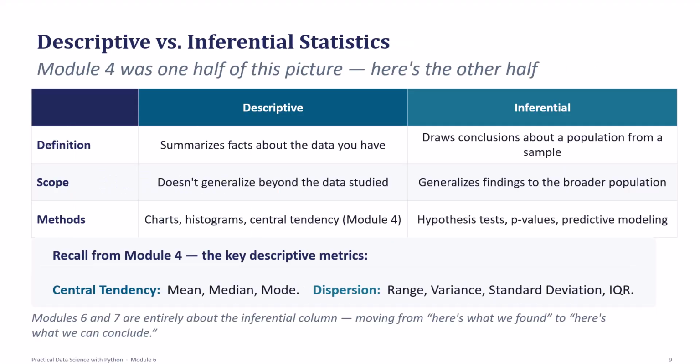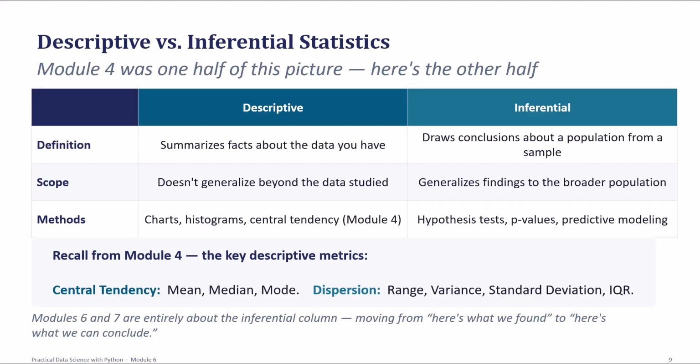Okay, all right. Now, when dealing with inferential statistics, we are looking at the difference between inferential and descriptive. We have done descriptive with mode 4 as a half part. So we are looking at the inferential at this point. Briefly, descriptive summarizes facts about the data you have, while inferential draws conclusions about the population from the sample.